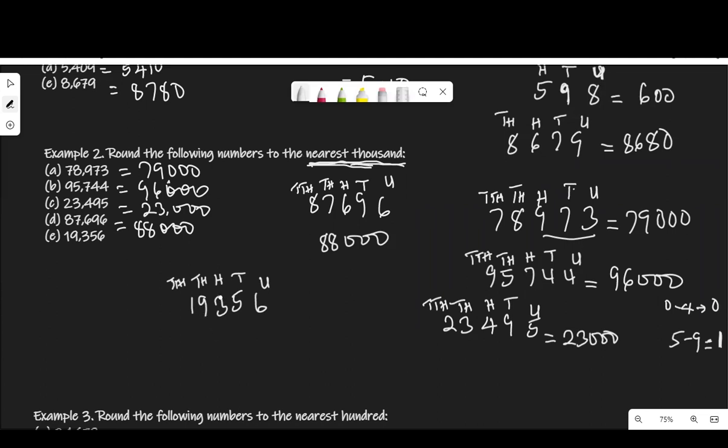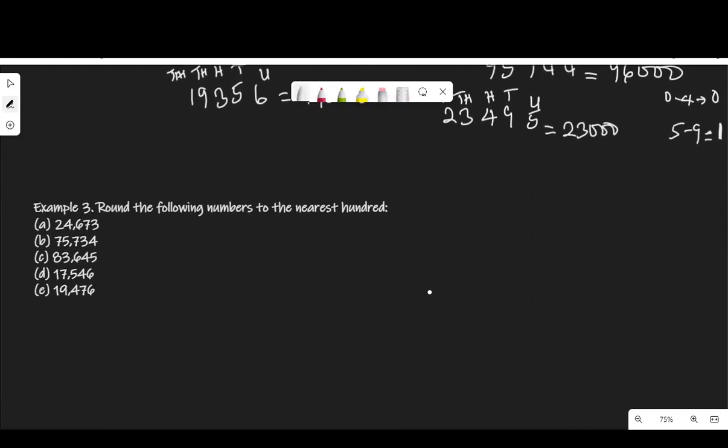The next digit to it is 3. 3 is in the range of 0 to 4, which round to 0. So this 3 here will round to 0. 0 plus 19 is still 19. So this number to the nearest thousand is 19,000. That brings us to the end of example 2. Let's move on to example 3.